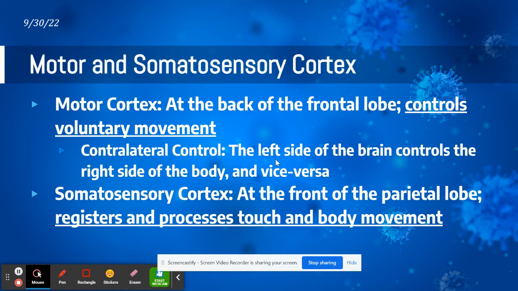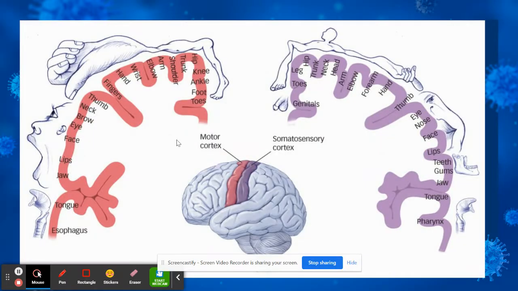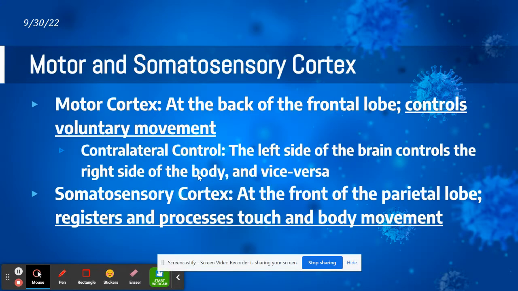The left side of your brain controls the right side of your body, and the right side of your brain controls the left side of your body. If I'm waving with my left hand, which I'm doing right now even though none of you can see me, that is being controlled by my right motor cortex on the right side of my frontal lobe. And vice versa, if I'm moving my right hand, that's controlled by my left motor cortex. For whatever reason, it works opposite like that.